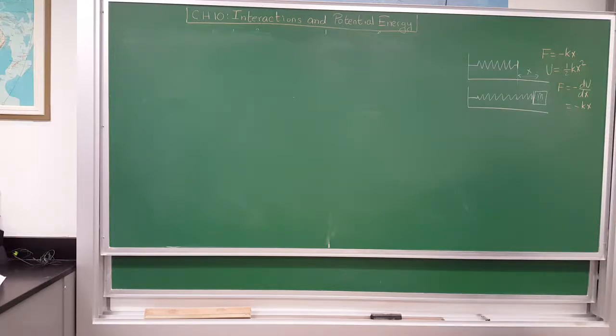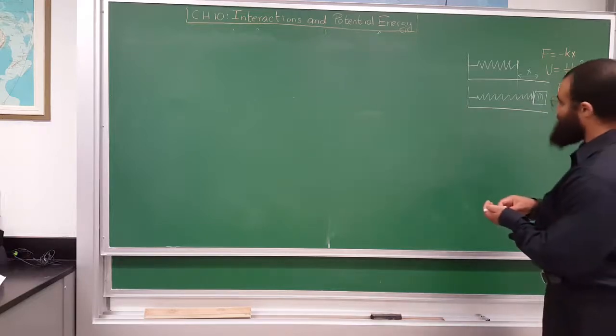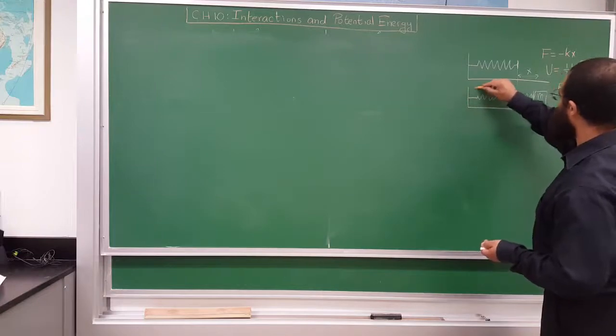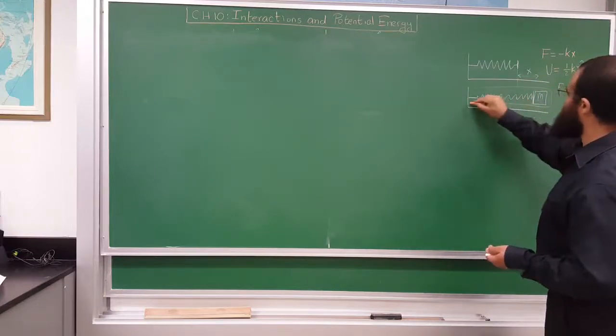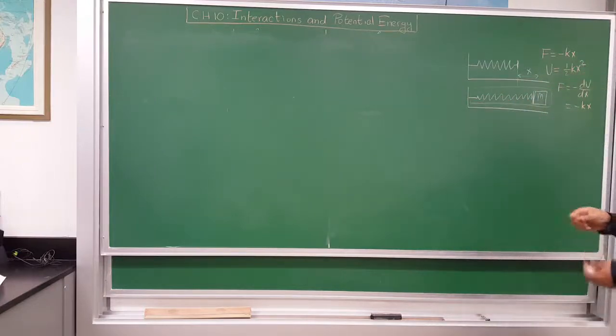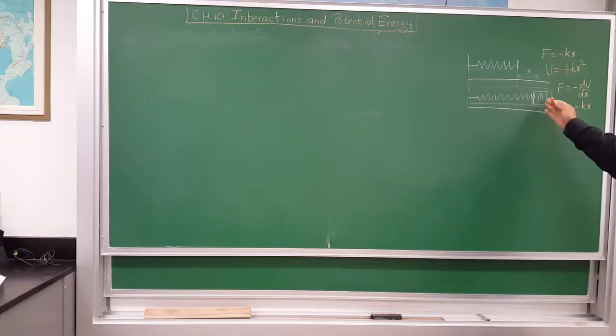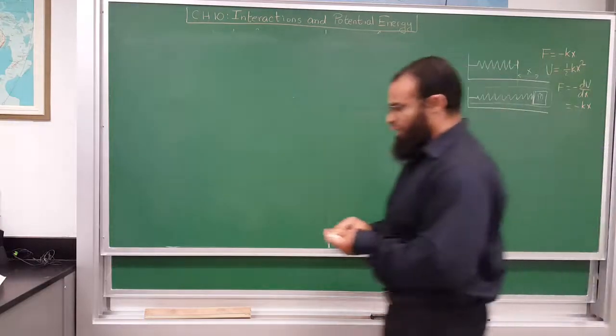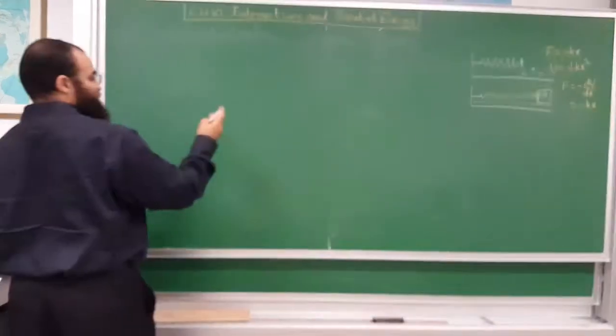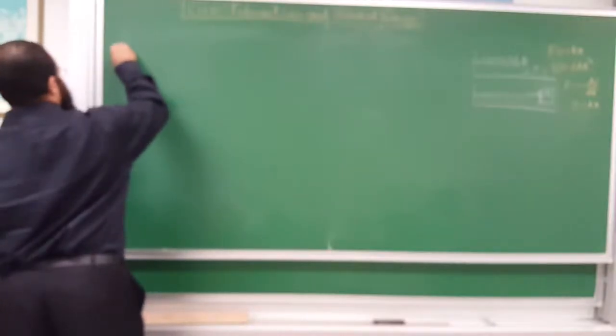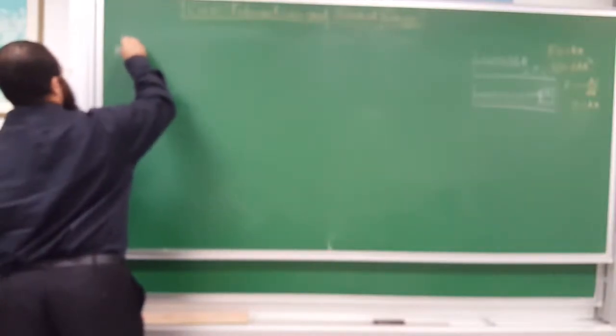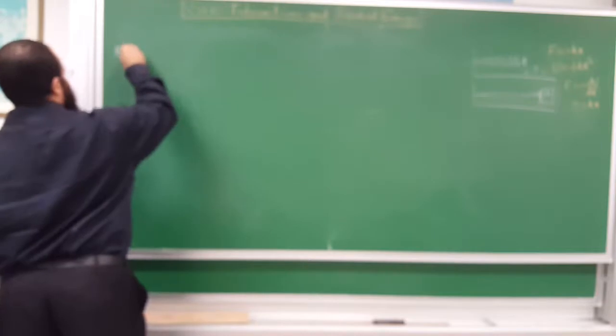Okay, so now our system will consist of the following. Our system will consist of the spring plus the mass. So the force of the spring on the mass and the force of the mass on the spring will be internal. And so we say the kinetic energy plus the potential energy due to their interaction, the kinetic energy of the mass, because the mass is moving, the spring is massless.